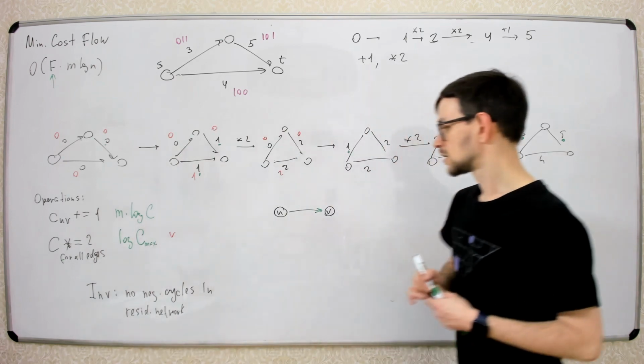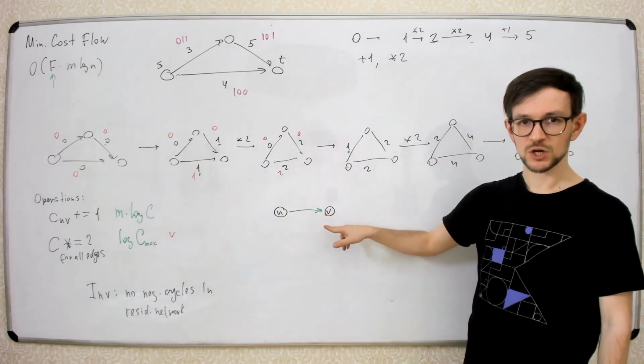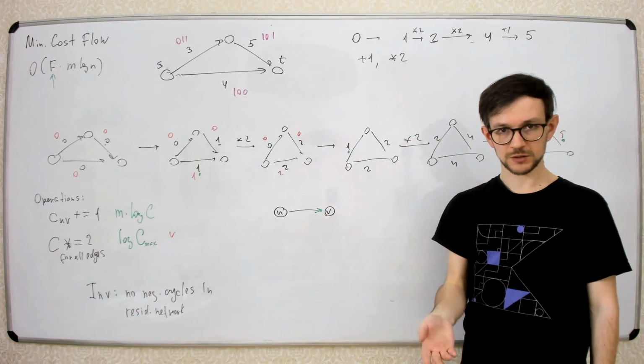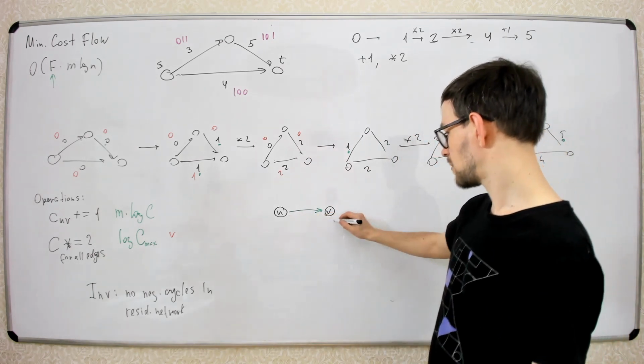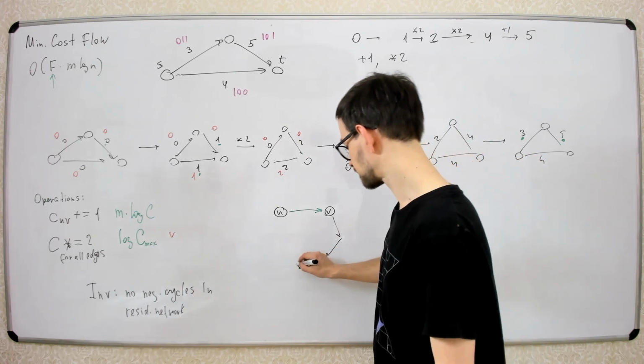Before I added this edge, I had no negative cycles. But when I add this edge, I may have some negative cycles. There may be some negative cycle like this.